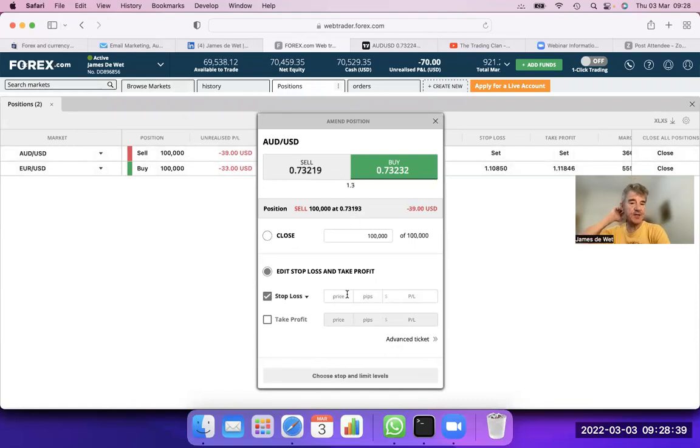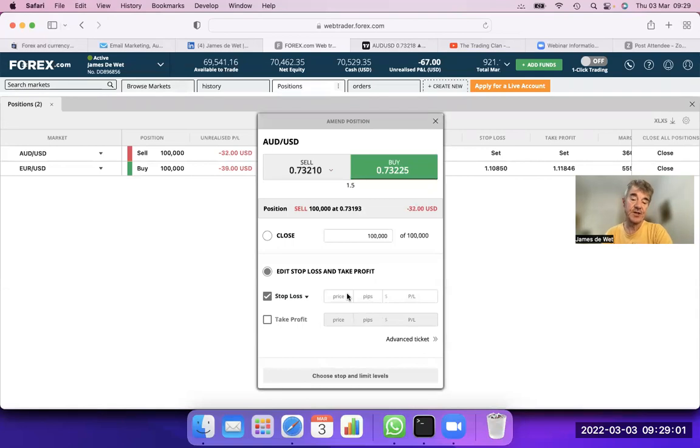If I'm ever in doubt about stop losses, and I want to keep it tight and it's a risky trade, which both of these are really, if I'm ever in doubt about a stop loss, I'm definitely not going to go more than 30 pips. I'm definitely not going to go more than sort of 1 to 2 leverage on the trade. So I'm risking very little on the account.